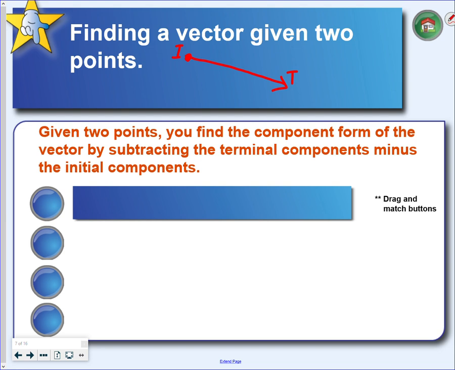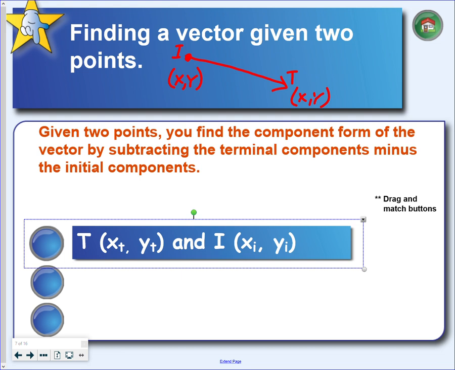If I have 2 points along there, or let's say that I know what the coordinates are for my terminal point, my x and y, and I know my points for my initial point, x and y, then I can use something very, very similar to the, what is it called? y2 minus y1 over x2 minus x1? Slope form? Okay. All right, point slope form. Thank you. All right.